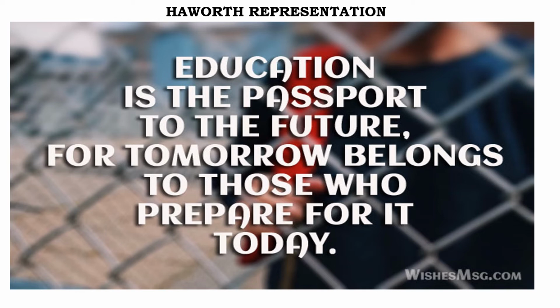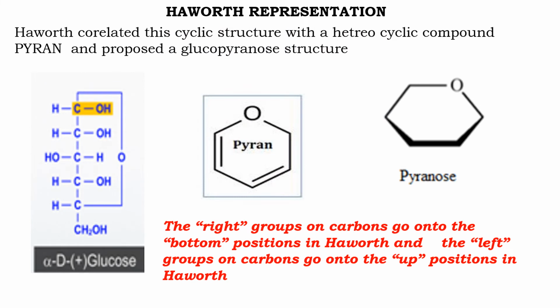He correlated the cyclic structure of glucose with a heterocyclic molecule called pyran, and the glucose structure is modified to the form of pyran structure. See here, when the glucose molecule is correlated with the pyran molecule.